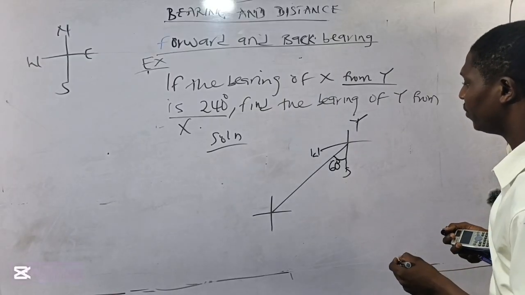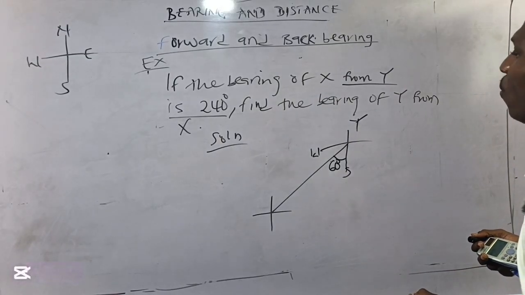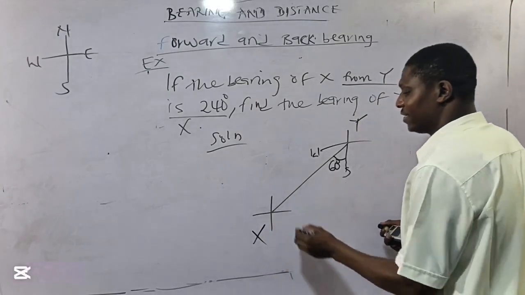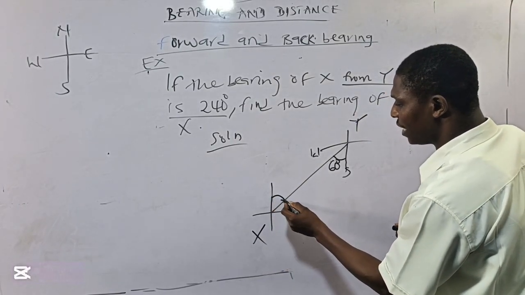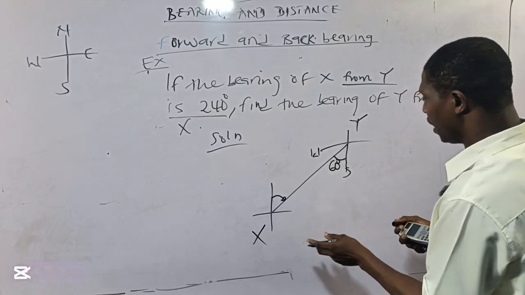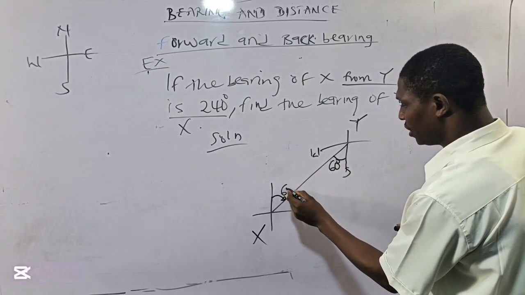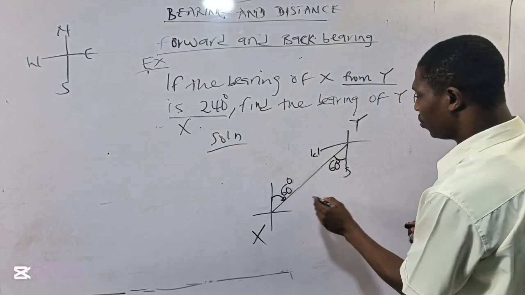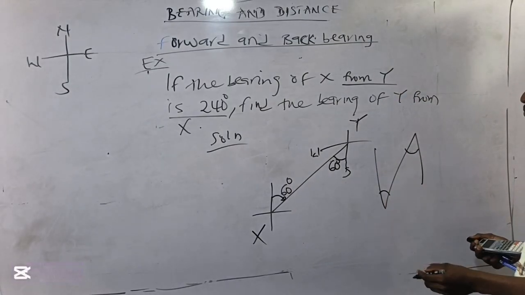If I have 60 degrees, then to get my bearing of Y from X, this is my X, I will move from the north of X till it touches the line that connects them. And you can see that this is alternate to this. So here should be 60 degrees. Look at it. Alternate angle forming Z. So here is 60. So here must be 60.